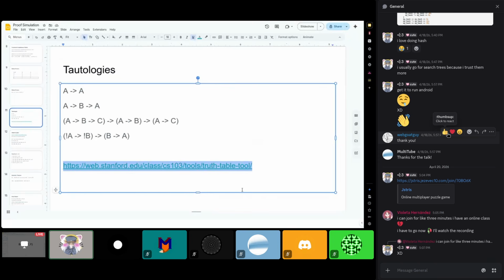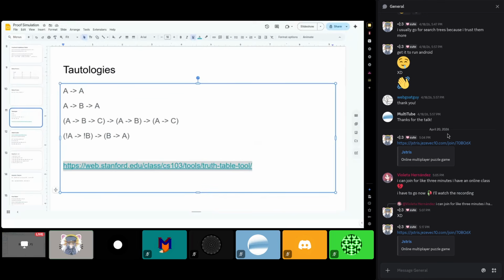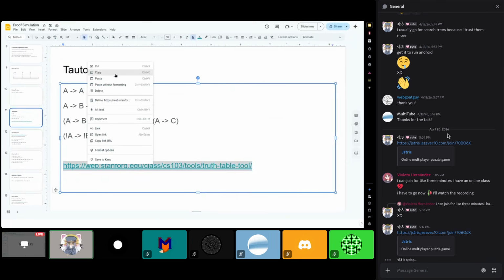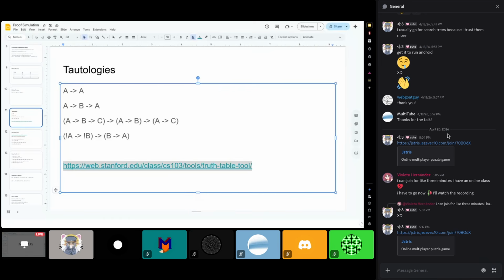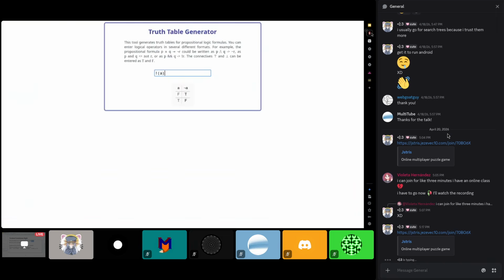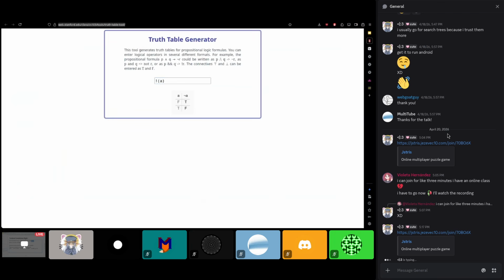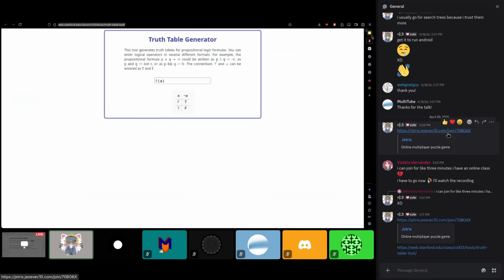And that's where I introduced this cool toy that I used earlier. It's not letting me copy it. Okay.